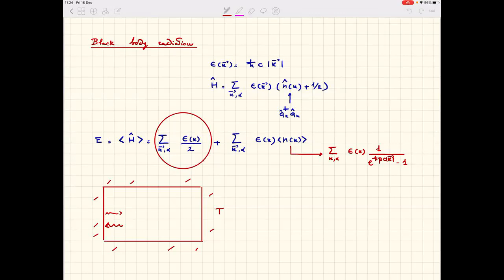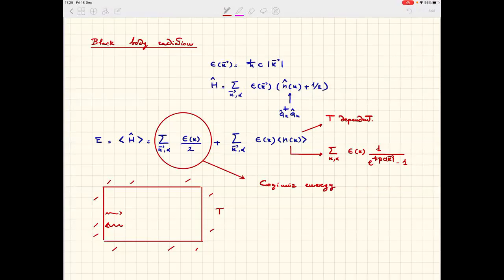So now, among these two contributions to the energy, this one is temperature dependent. This one, which is the zero-point contribution to the energy, is called the Casimir energy.